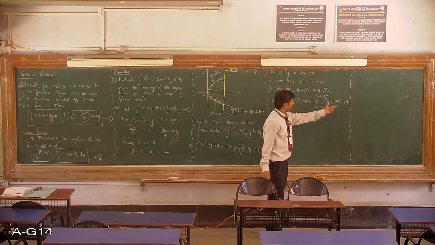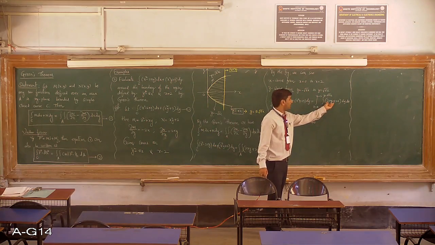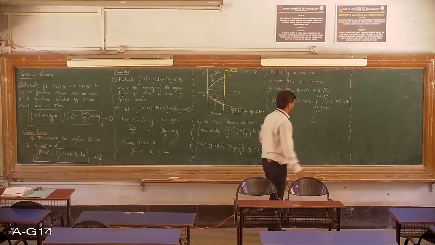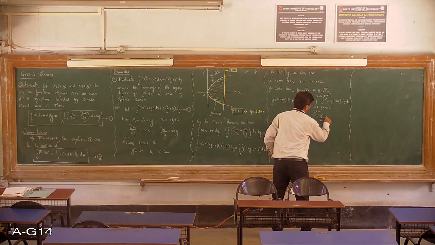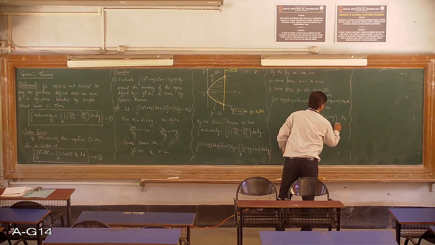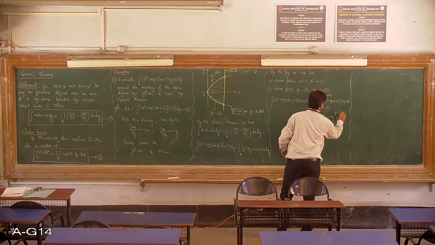So that is equal to, now, integration x equals 0 to x equals 2. Now integration of 2xy with respect to y: 2x is constant and y becomes y square by 2. So therefore 2x y square by 2 plus 2xy into dx. Here limits are y equals minus square root of 8x to y equals plus square root of 8x.